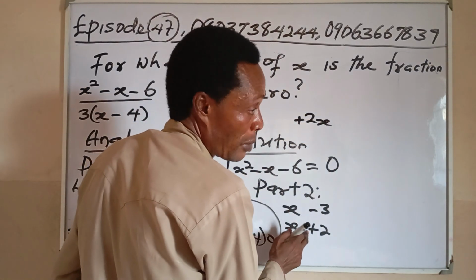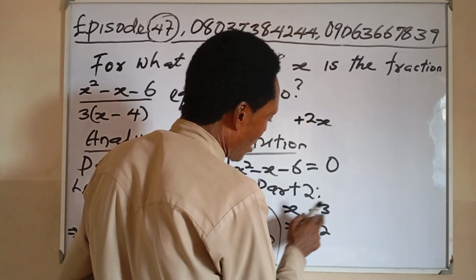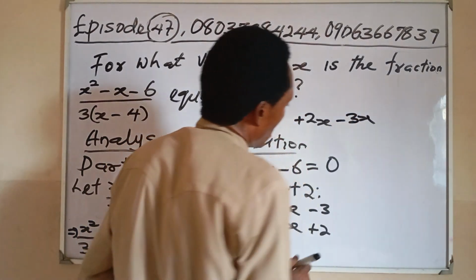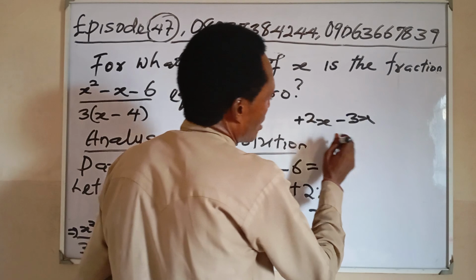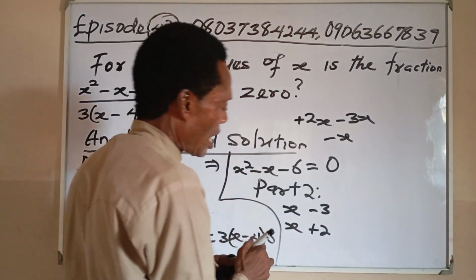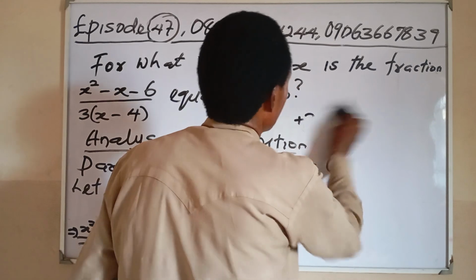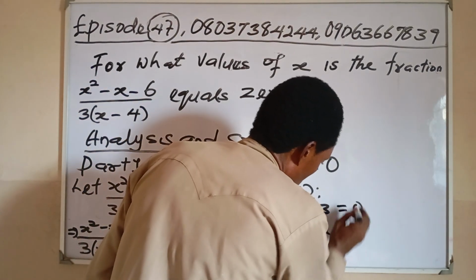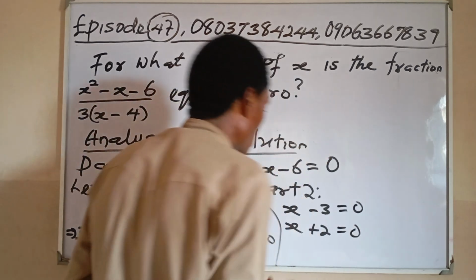Then s times minus 3 will give you minus 3s. Plus 2s minus 3s will give you minus s, which is right here. Do you understand? So that is how to check it. I don't want to waste time. So here you say equals 0, and here equals 0.